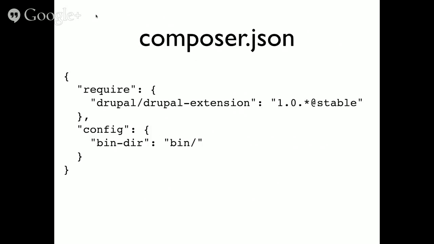This is what is going to be in it for Drupal 7. You're going to require the Drupal extension, and you're going to specify where Behat gets installed. And then you will run composer install, and Composer will go out and get all of the dependencies that you need in order to install Behat and Mink and all of the other extensions that you need plugged in for the Drupal extension and those Drupal tests to work.